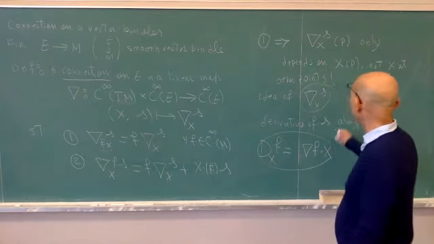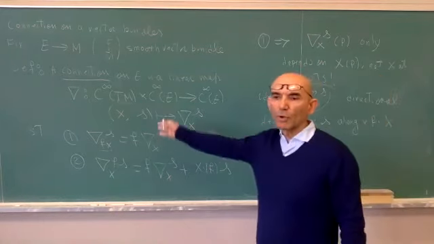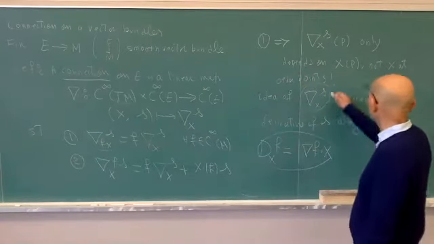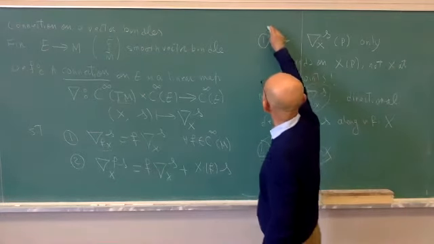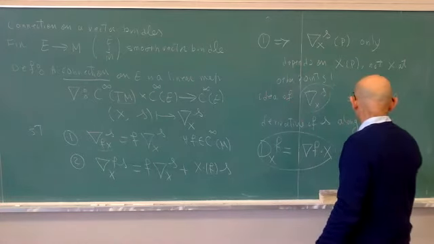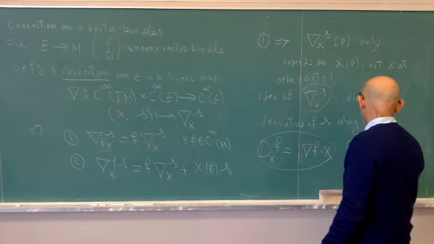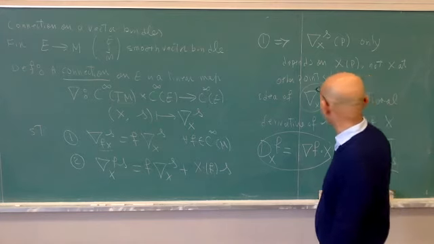So this is the directional derivative, or derivative, but it's also called covariant derivative. So another notation is covariant derivative. This is good to know. So this is one thing.